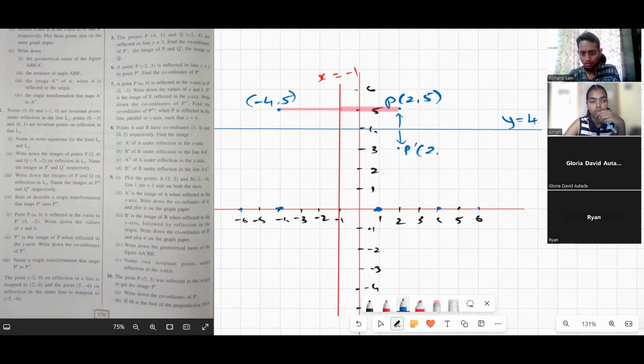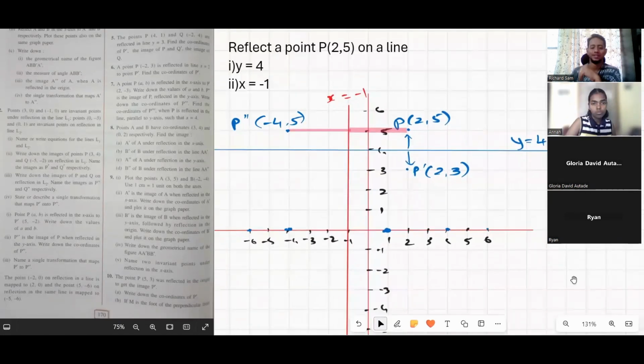P dash 2, 3. And this reflection on the line x is equal to -1, we'll call it P double dash. You write the question, so you draw this graph and then you mark these points on the graph.